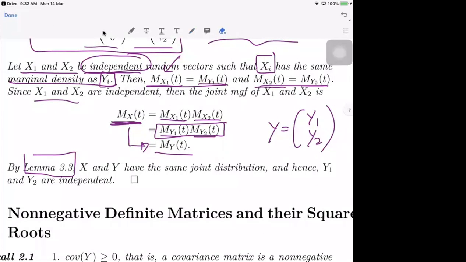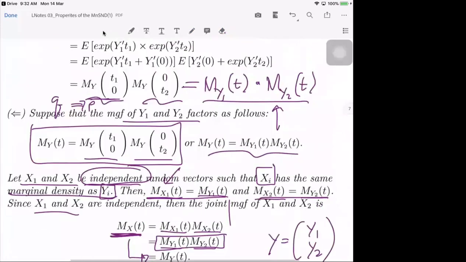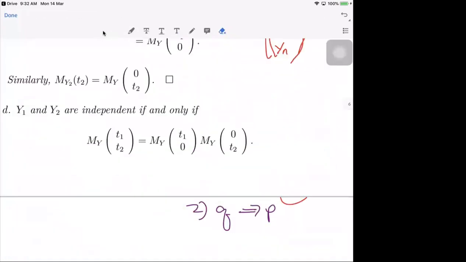So the essence of this lemma is that when two random variables are independent, then you can write the moment generating function as the product of its marginals.